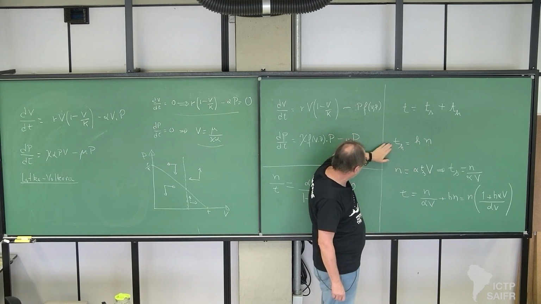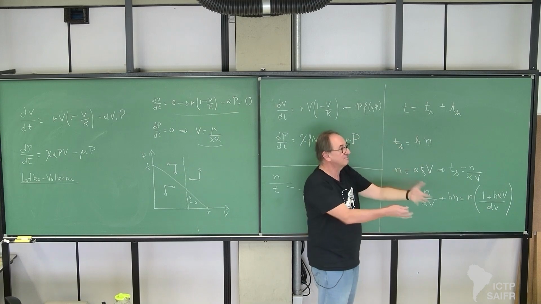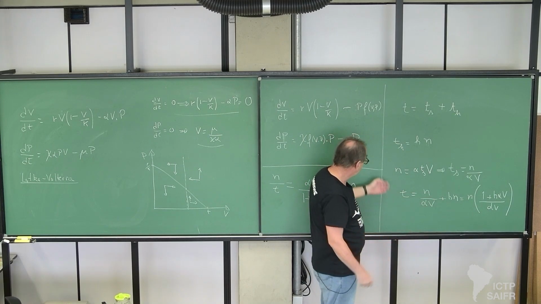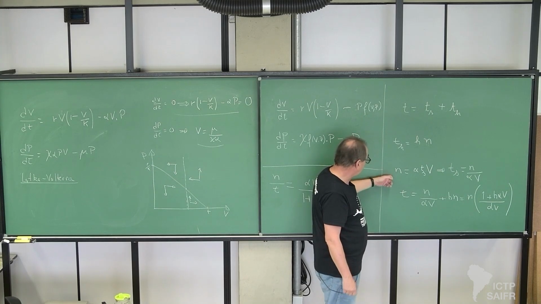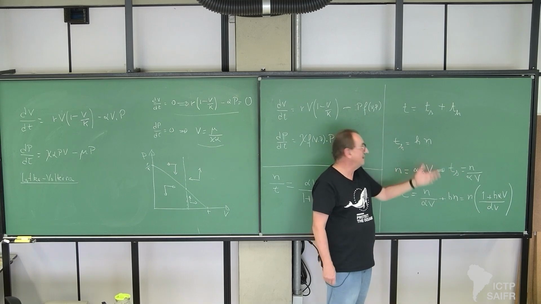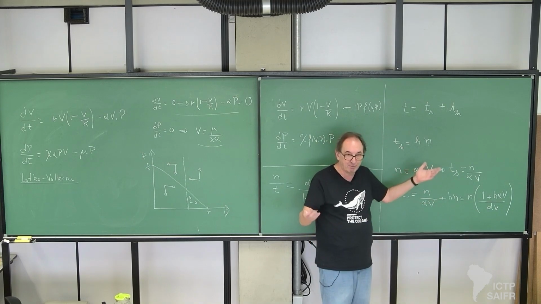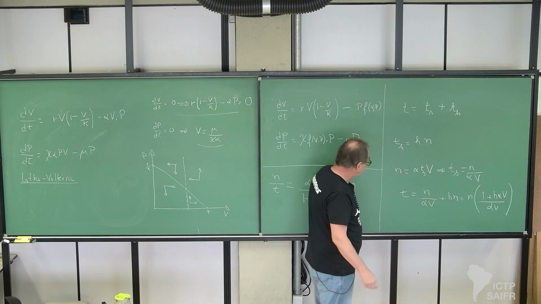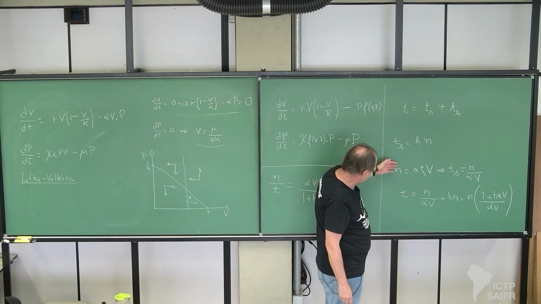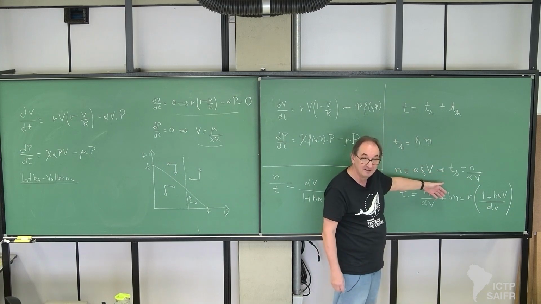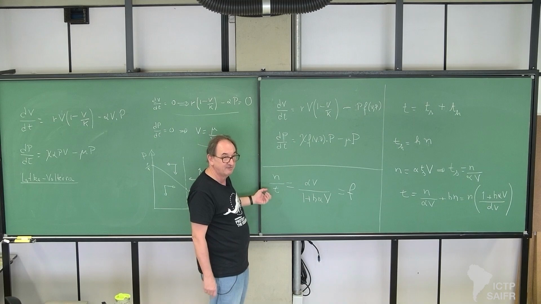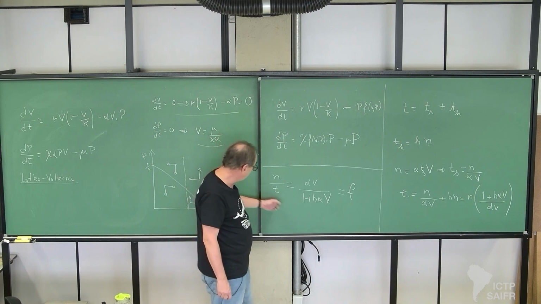I write the handling time as proportional to the number of prey which is being actually consumed, and I say that the number of prey being consumed is the time of searching times the total population of prey. And then I just do the algebra here, and I calculate n over t, and I say this is the functional form, functional response, which gives you this.